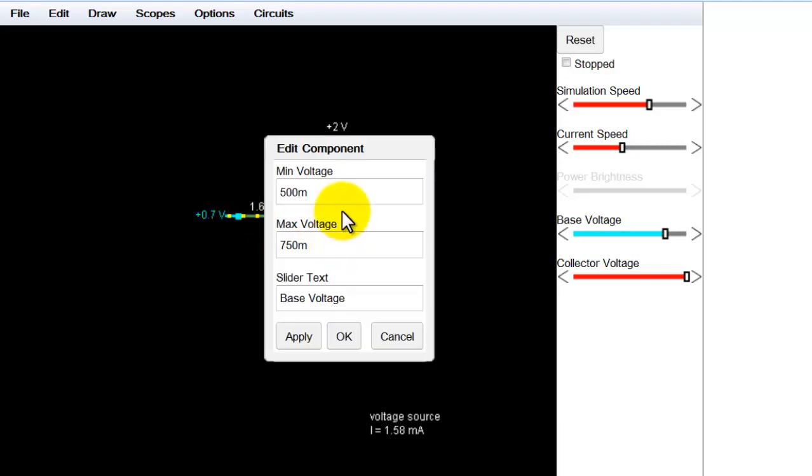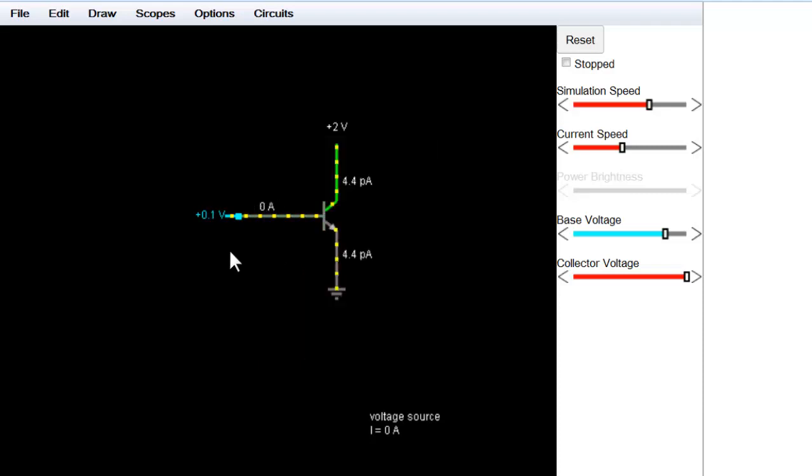Suppose I give a lower voltage over here, that means suppose I give 0. What we see is that the current has ceased to flow and the switch is off now.